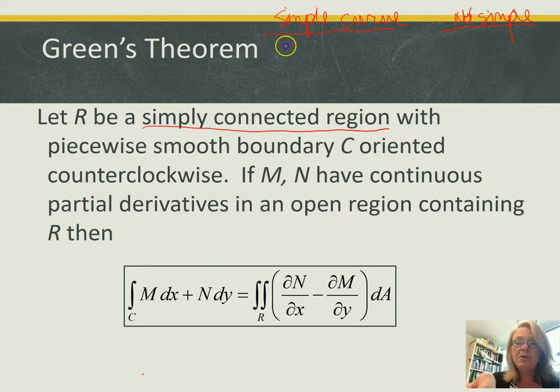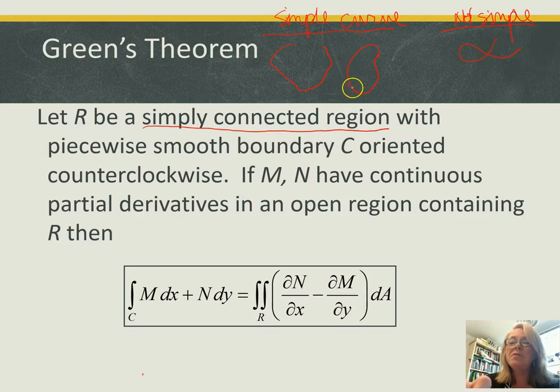A simple curve could look like this, because that curve does not cross over itself. A not simple curve would look maybe like that, because that curve does cross itself. A simple closed curve would look like this. This curve is closed because there's no gap. Notice that this simple curve has a gap.